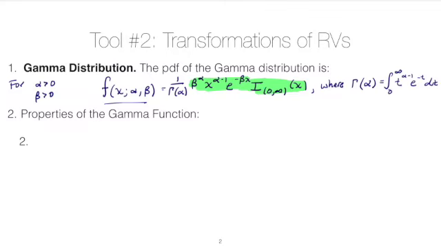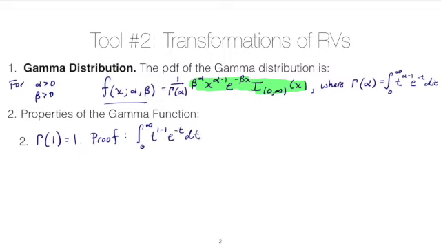So the next property that we'll look at is the fact that gamma of 1 is equal to 1. And this is an easy proof. Right? We really just look at the integral from 0 to infinity of t raised to, so now here alpha is equal to 1, so it'll be 1 minus 1, and then e raised to the negative t dt.